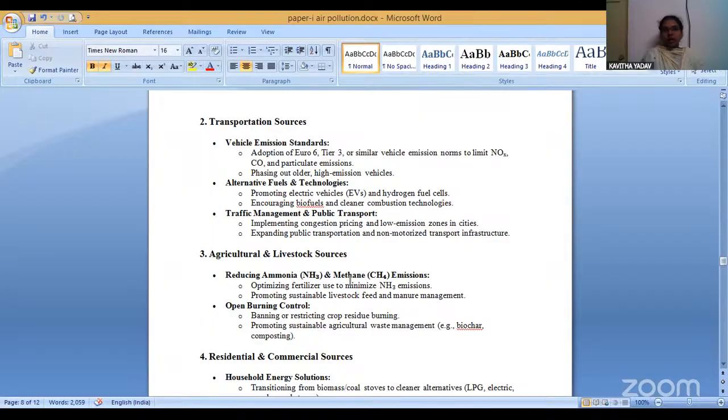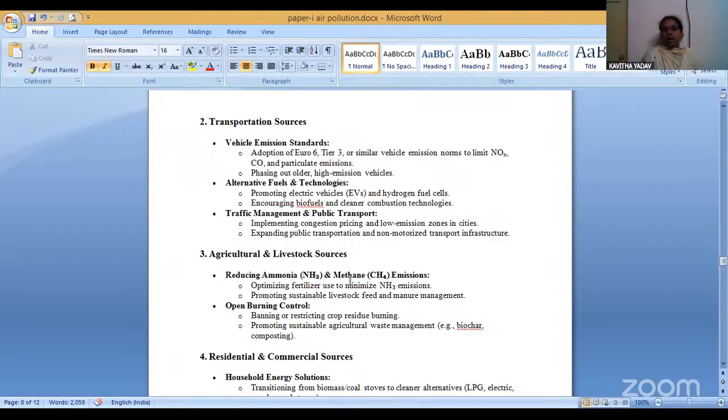The next one is encouraging biofuels and cleaner combustion technologies. We introduce and encourage the use of biofuel in society, as well as cleaner combustion technologies for vehicles.